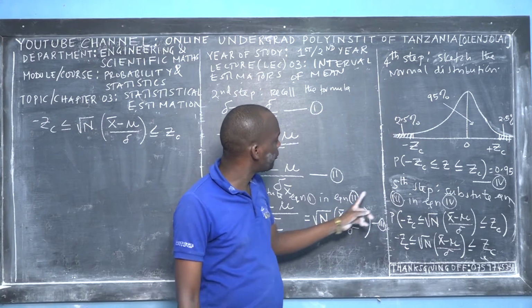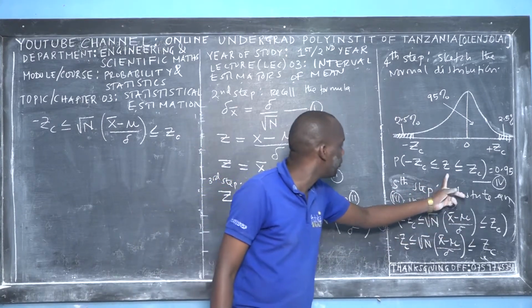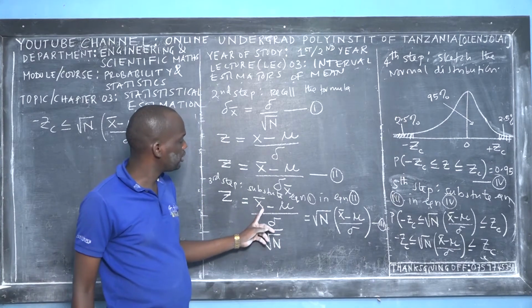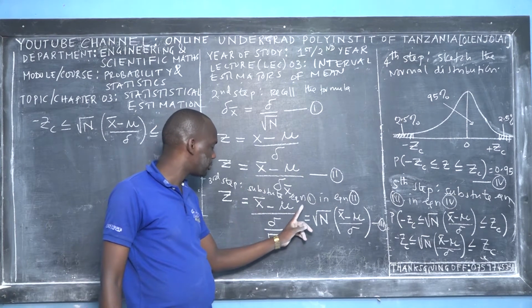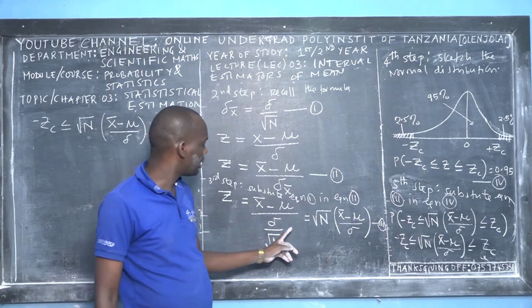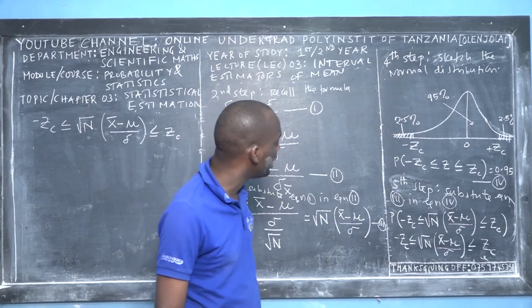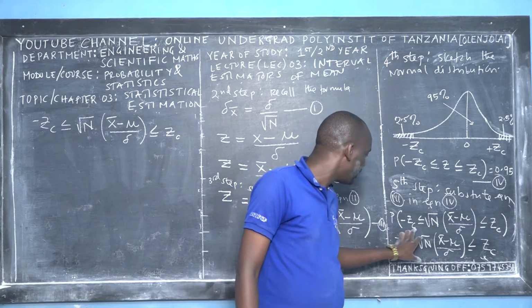Because we have equation 4, in the fifth step we substitute equation 3 into equation 4. Because we have Z here, Z is equal to the point estimate of the mean minus the population mean over the standard deviation, times the square root of population size. This is the expression, and I consider only the inner part.